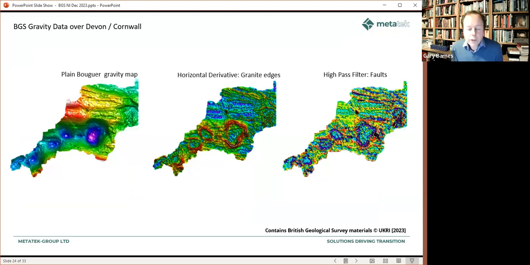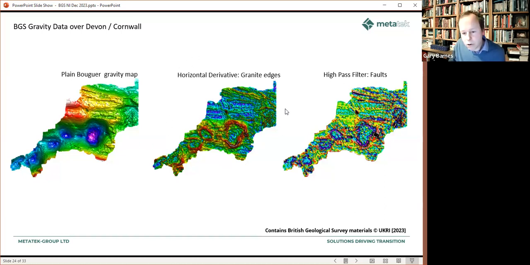So I applied the same transforms to the BGS gravity data over Devon and Cornwall. On the left-hand side, you see the plain Bouguer gravity map, and this is very nicely showing the lows in the gravity corresponding to the granitic intrusions.